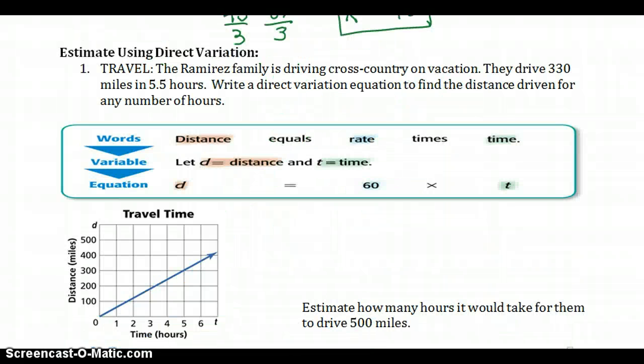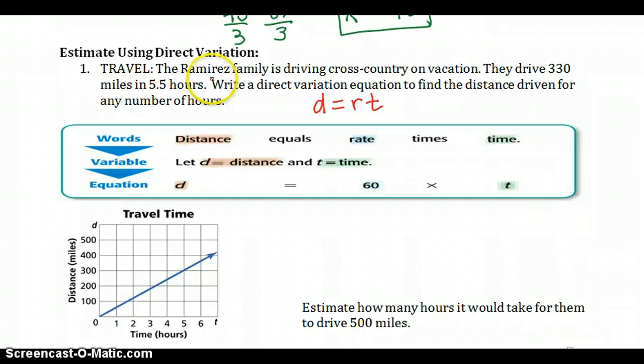One of the most popular direct variation equations that we have already worked with is the distance formula. Distance equals rate times time. That is a direct variation equation where the rate stands for the k, the constant rate of change, the constant of variation.